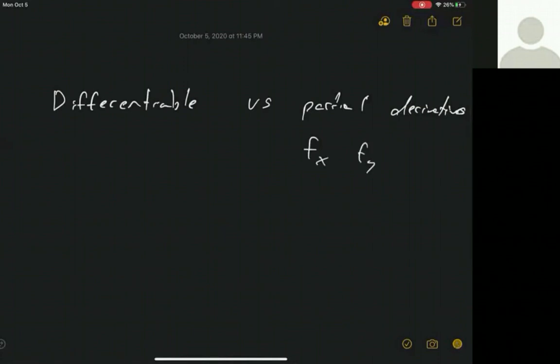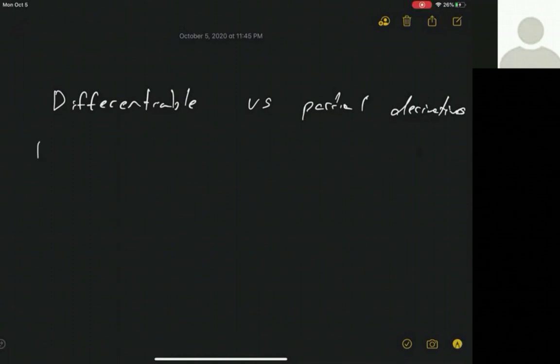If we're in two variables, it's just fx, fy. If we're in three variables, we would have a z as well, and we can have more. So if we say partial derivatives exist, all we're saying is fx, fy, fz exist. If we say a function's differentiable, we're saying a lot more.